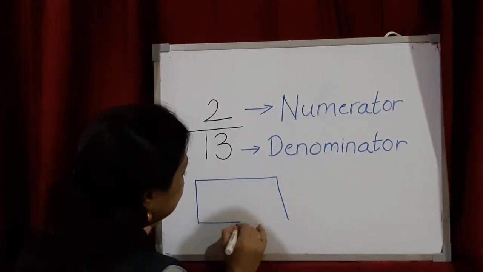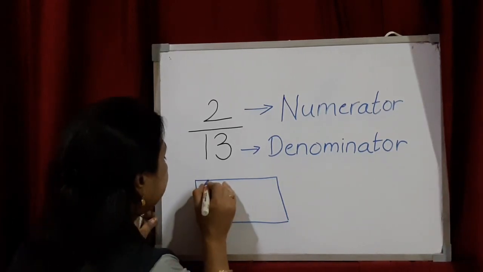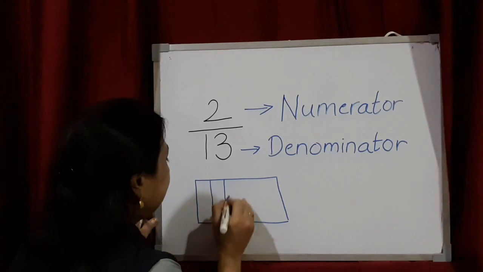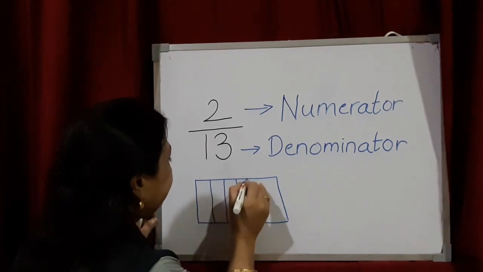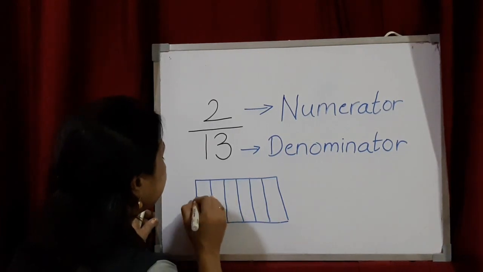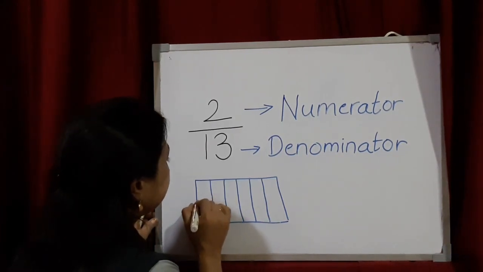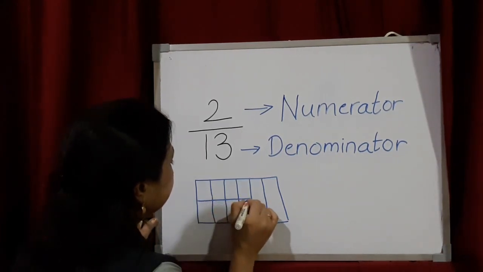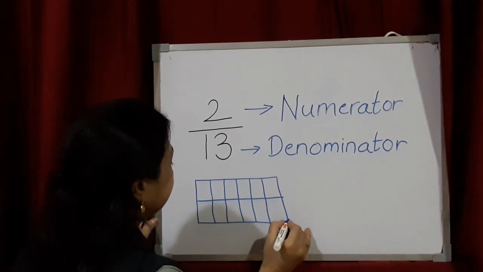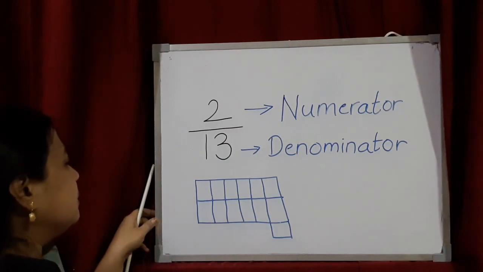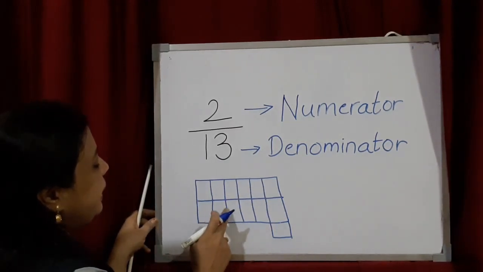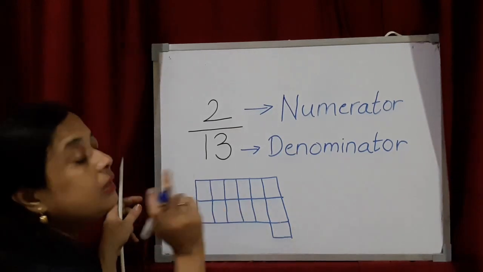I will draw this and make 13 bars of chocolates, right? So these are 13 bars. 1, 2, 3, 4, 5, 6, 7, 8, 9, 10, 11, 12 and 13.